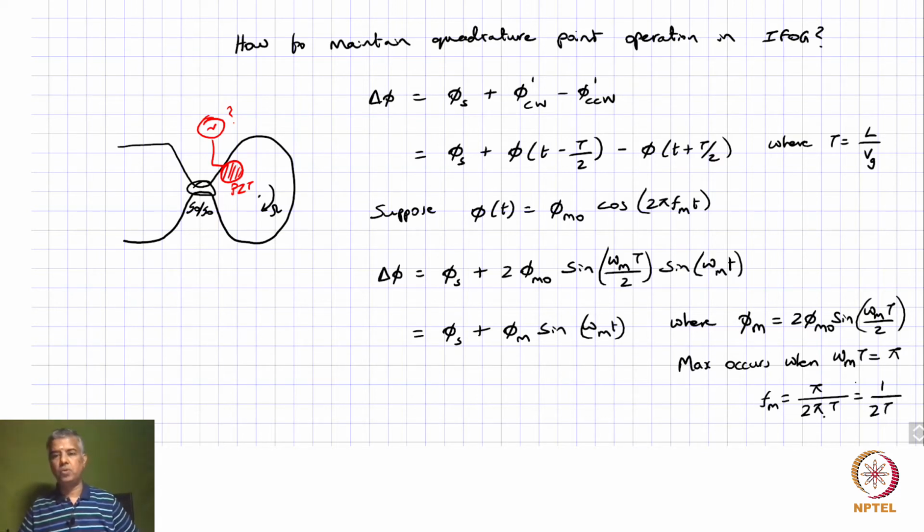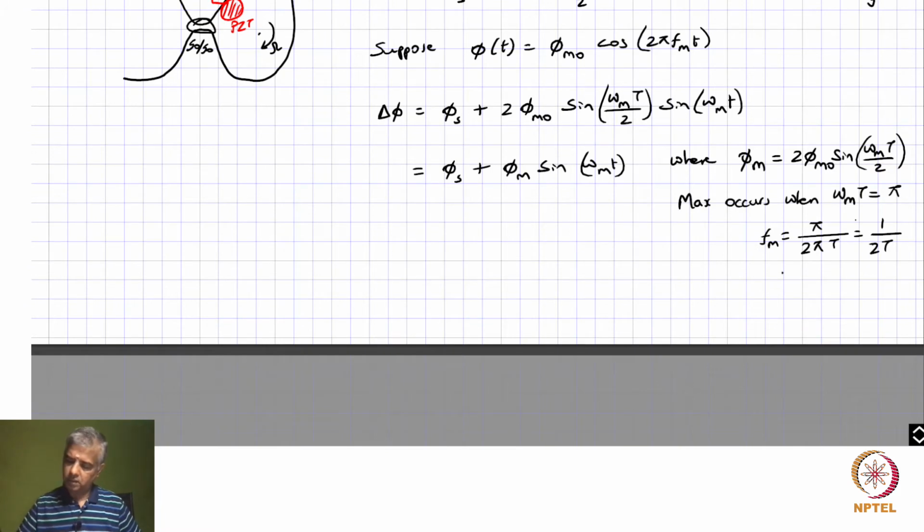Okay. So, if you choose Fm to be 1 over 2 times t, where t is the round trip time, and t is given by L over Vg, you are talking about Vg over 2L, right.